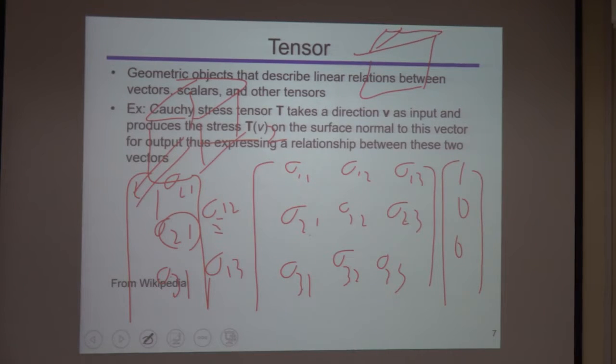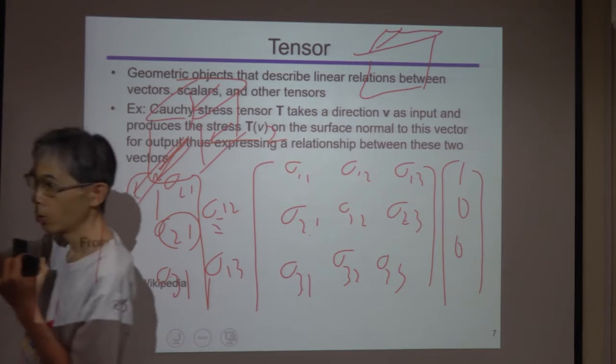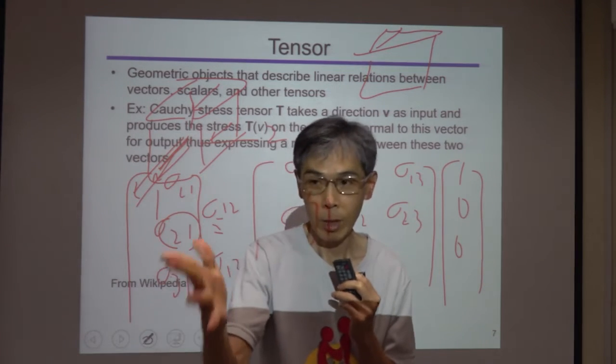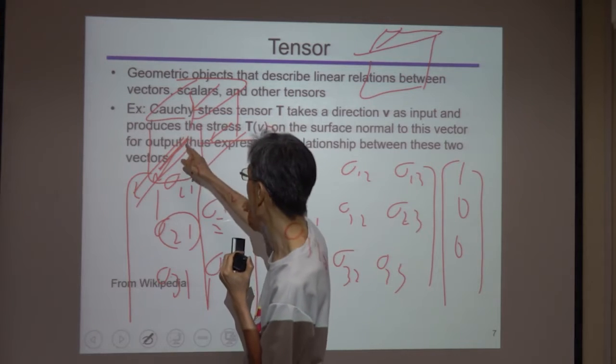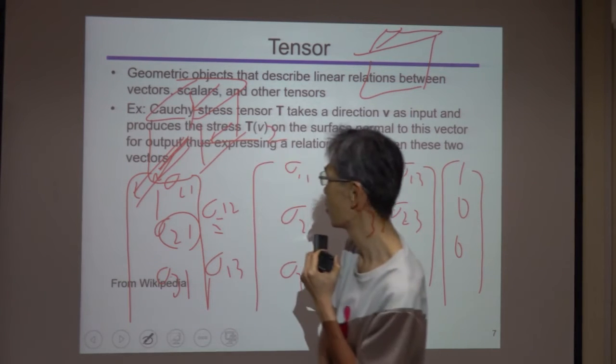Okay, then you can draw sigma 1,1 normal stress and sigma 2,1 on two surfaces but pointing to the one direction. Sigma 3,1 on three surfaces but pointing to one direction. So, Amin, could you read the second point?